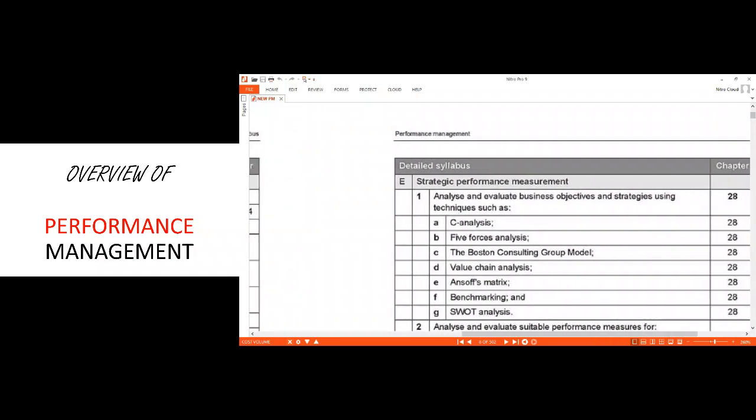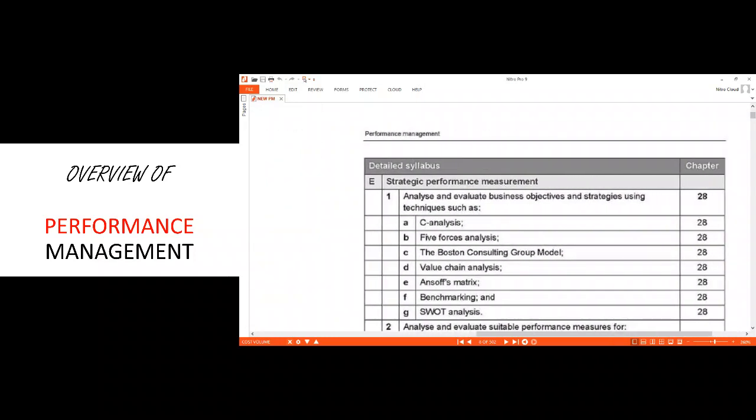It's expected of us to know strategic performance measurements using PESTEL analysis, five forces analysis, the BCG models, value chain analysis, Ansoff's matrix, benchmarking, SWOT analysis. All these people that offer CSME have a good grasp easily, but it's part of performance management too.